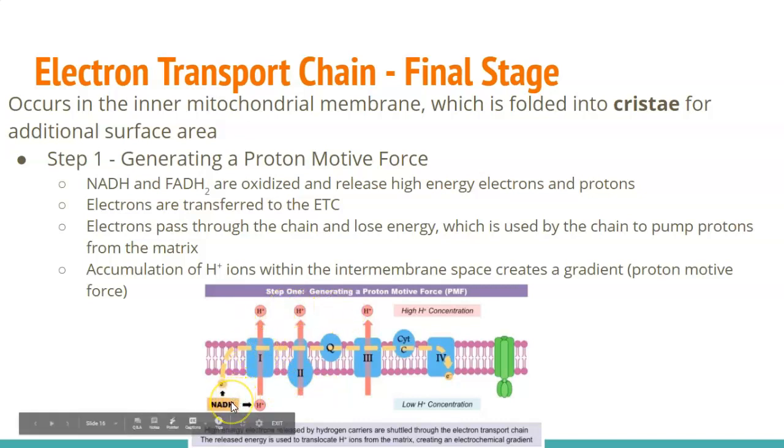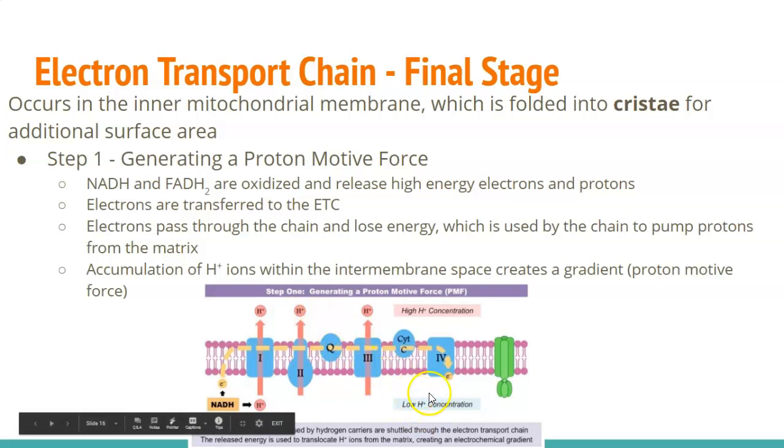So NADH and FADH2 are oxidized, release an electron and a hydrogen ion. When the electron goes through, it gives its energy to these proteins. When the proteins have this energy from the electron, they pump the hydrogen ions from the matrix to the inner membrane space.